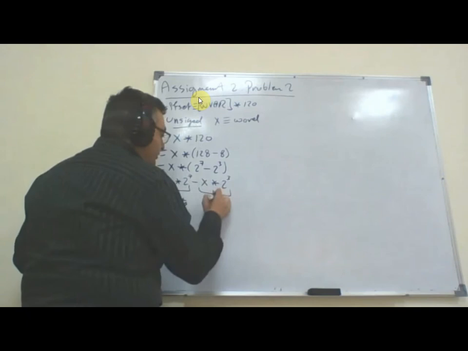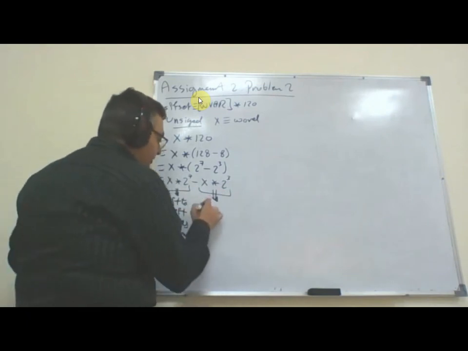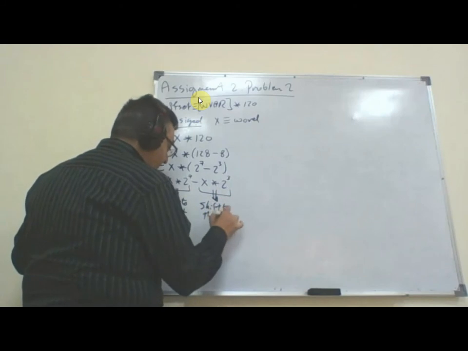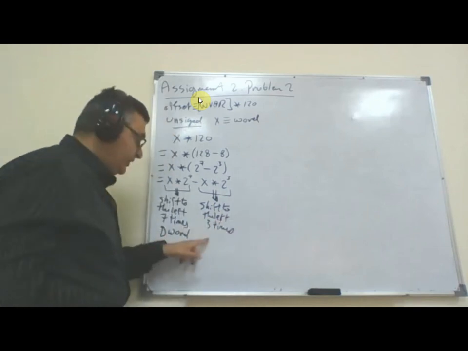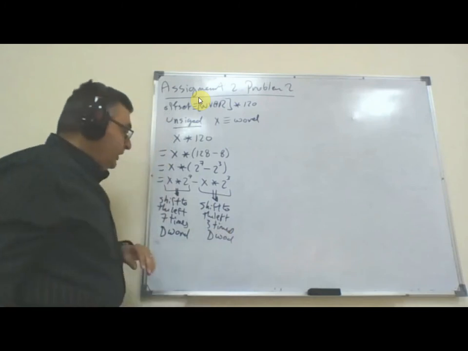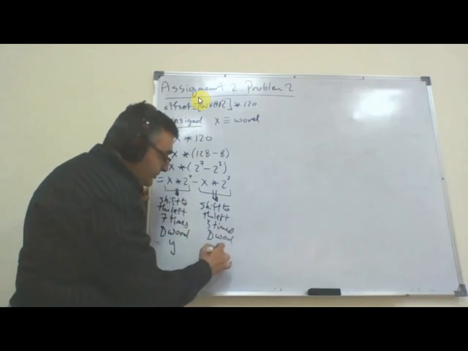Again, for the shift by 3 bits, it's also a shift to the left 3 times without losing the bits. And the result will be in a double word. I can call this y. I can call this z.